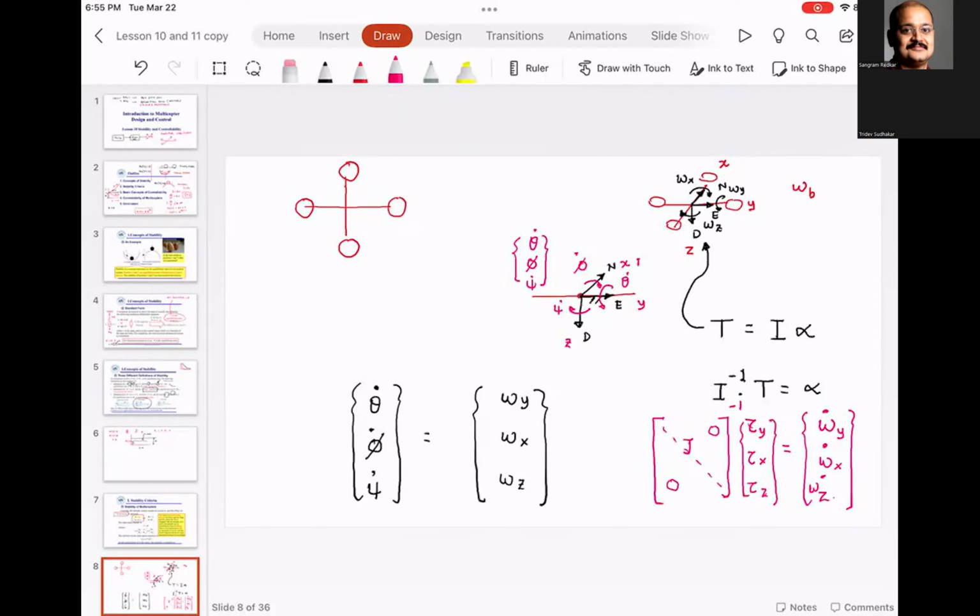So how would I implement this using a simple controller loop? I will design either a proportional controller, or a PID, proportional, integral, derivative controller, so that at the end my theta dot, phi dot, psi dot go to zero. Do you agree with me? That is all that you need to do for the hover controller.